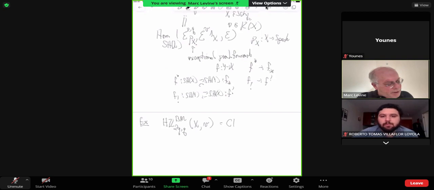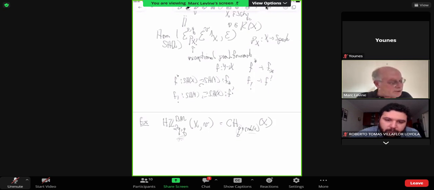This is Chow in dimension Q plus the rank of V of X. So the twist, the coefficients here tell you about the dimension, but so does the rank of V. So you might ask, why do I need this V here?